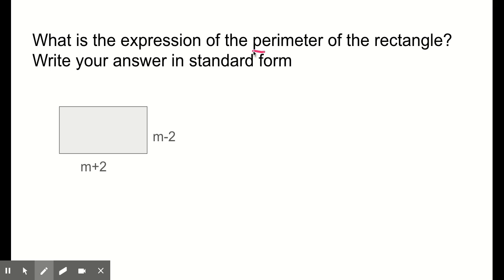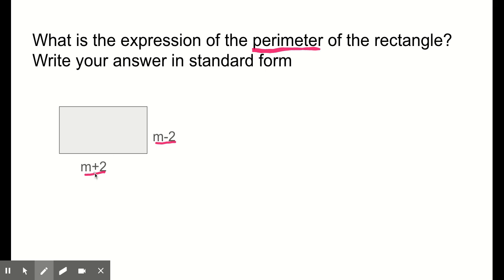Here we're looking for the perimeter of the rectangle. To find the perimeter of a rectangle, you must add up all of the sides. So here, this side is m minus 2, and here this side is m plus 2. But this is a rectangle, so it has 4 sides, which means we have to add up 4 different dimensions.